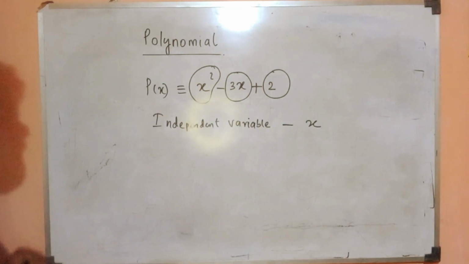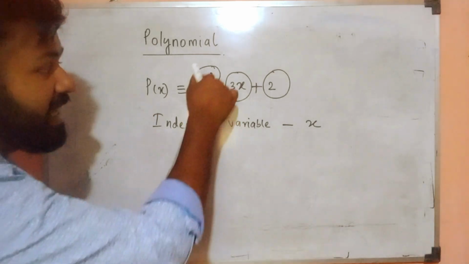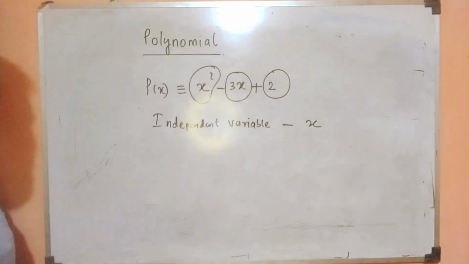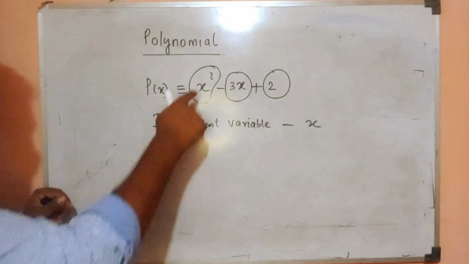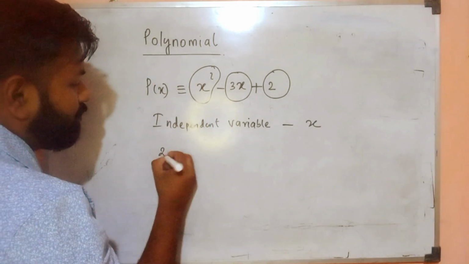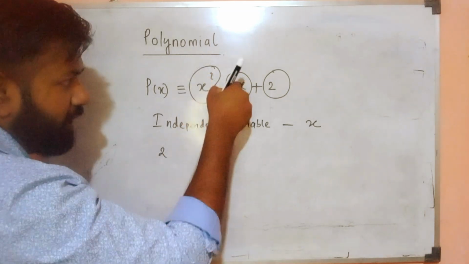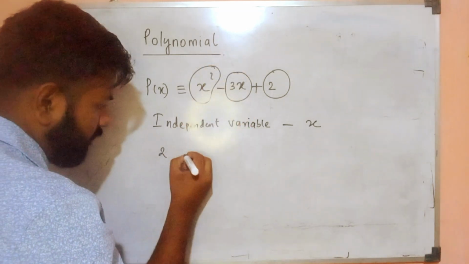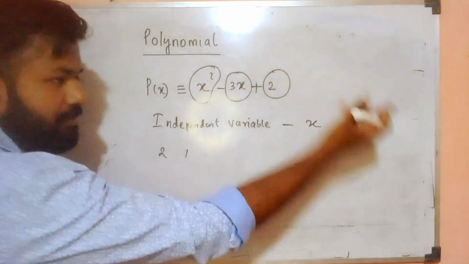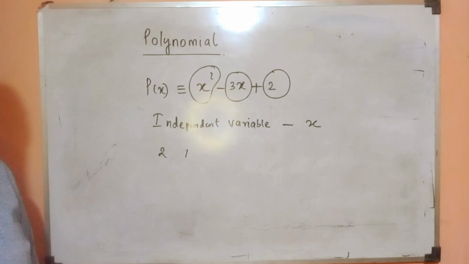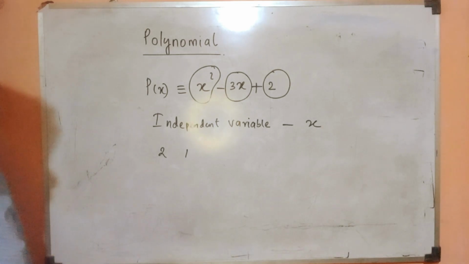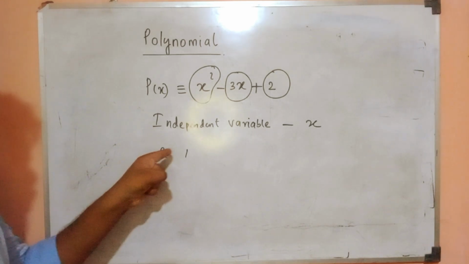The second thing you have to consider is the exponents of the variables. So what are the exponents here? Here you have x squared, which means the exponent is 2, and here in 3x the exponent is 1, and here you don't have any exponent, so you don't have to worry about numbers. Here you can see that the exponents are 2 and 1.